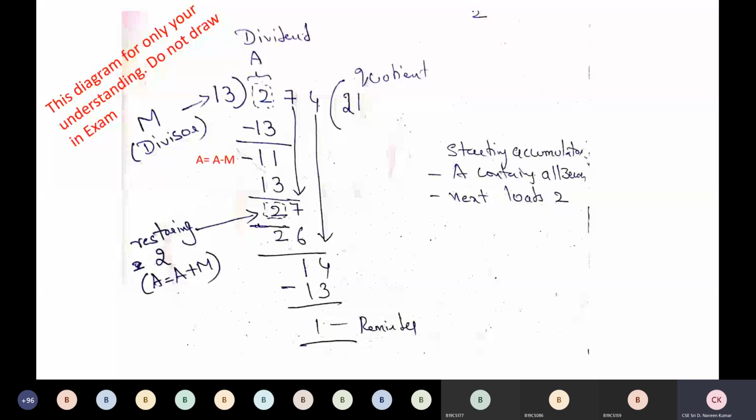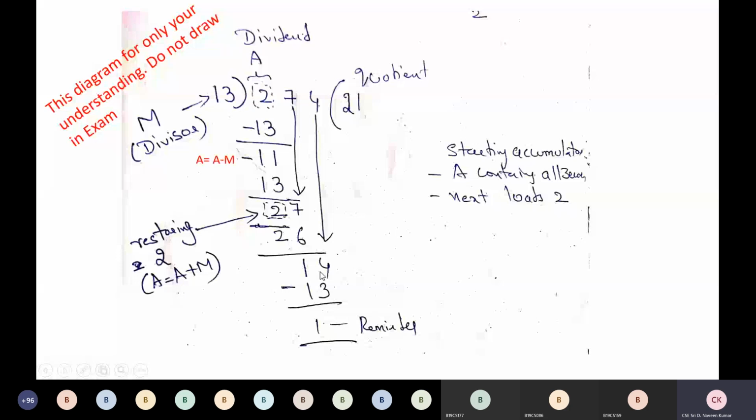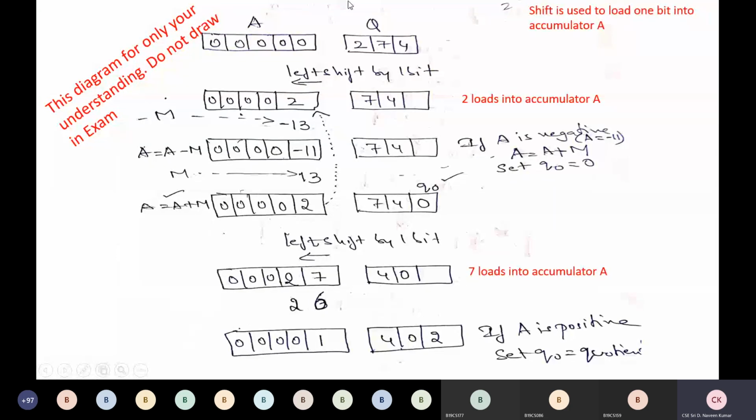So this is how it happens in the registers. The same method is how it happens in the internal registers of a computer. Actually, in the internal computer everything is in zeros and ones, but for your understanding I kept it in decimal format. Afterwards I will show the same thing in binary also. Remember, I have 2 registers here.